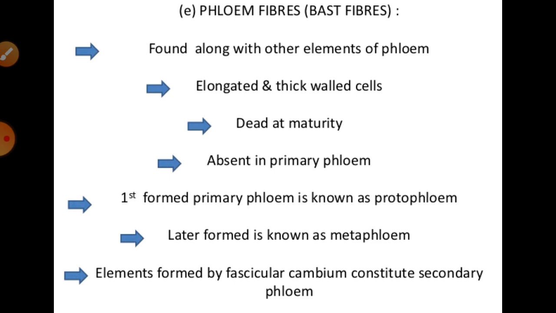In that condition, those phloems are known as protophloem. And later on, whenever the plant matures, they have bigger tubes, and they are known as the metaphloem in that condition.